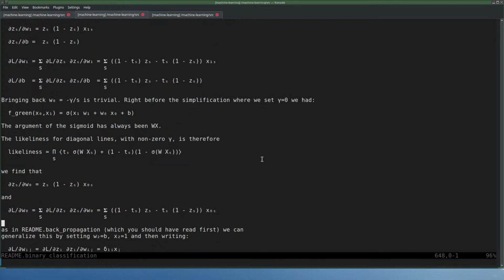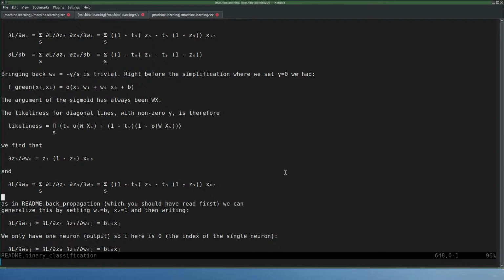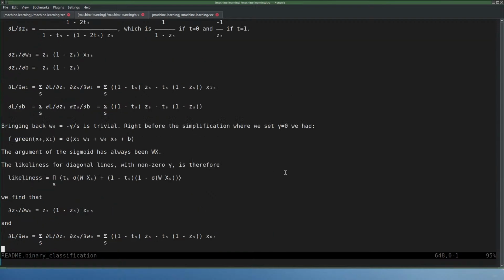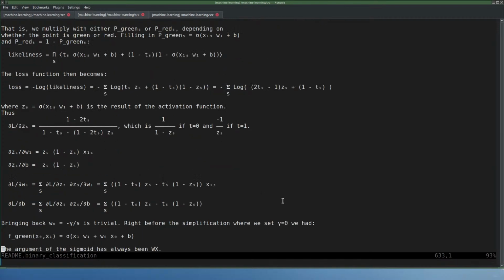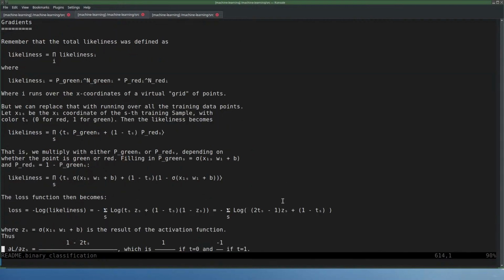Yep. However, I believe that it's all there. So it is theoretically possible to understand this file. If you start at the top and then not be satisfied with not understanding something, which is every line you must understand where it came from. That should be possible.